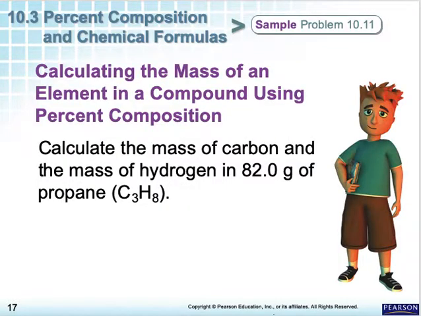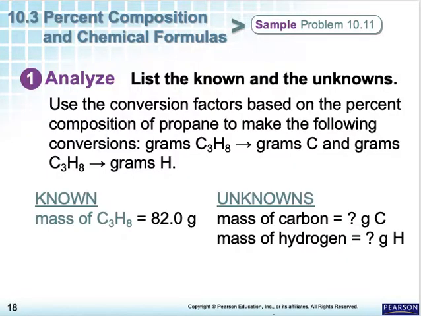Calculate the mass of carbon and the mass of hydrogen in 82.0 grams of propane. So we know from previous slides, they already calculated out what the percentage of each is. And they want to know what the mass of carbon is and what the mass of hydrogen is in this compound.